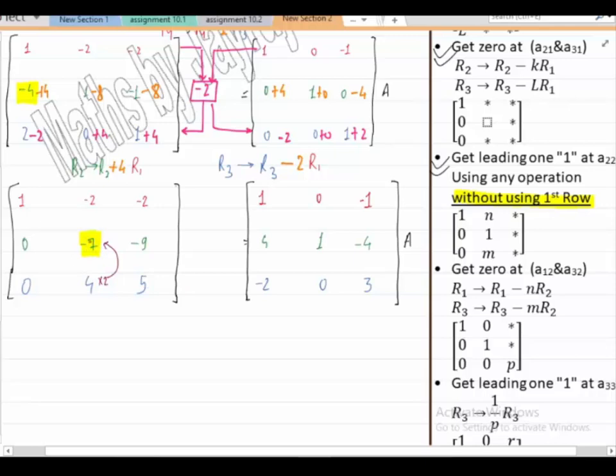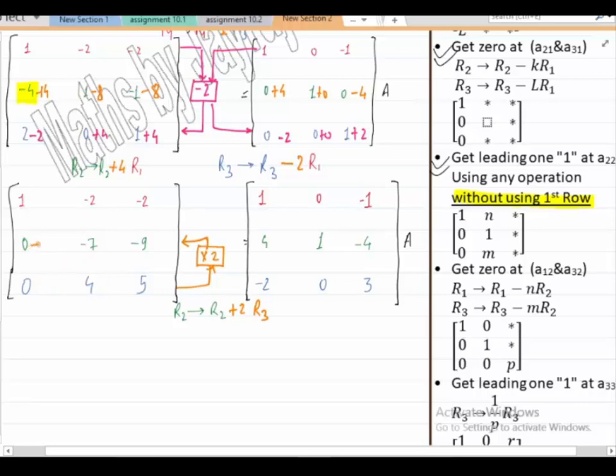To get the leading one, we should take the operation R2 gives R2 into K, or we can say 2 R3. So let's multiply the third row by 2 and add it to the second row to get the leading one.